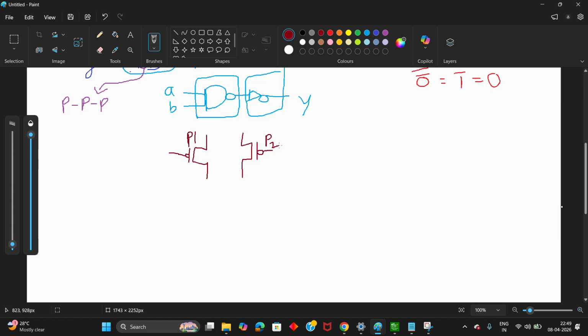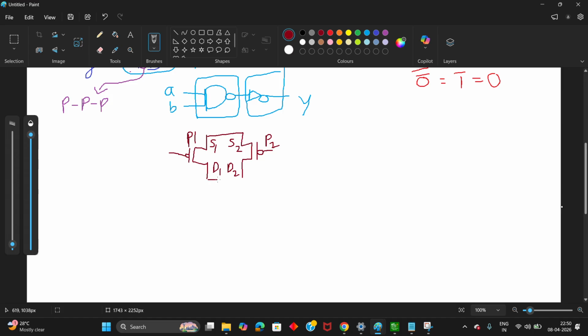Now connecting two PMOSs in parallel is nothing but simply joining the two source terminals of the two PMOSs, S1 and S2, and joining the drain terminals of the two PMOSs, D1 and D2.